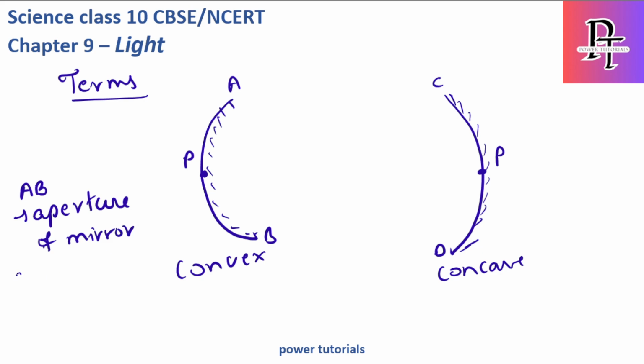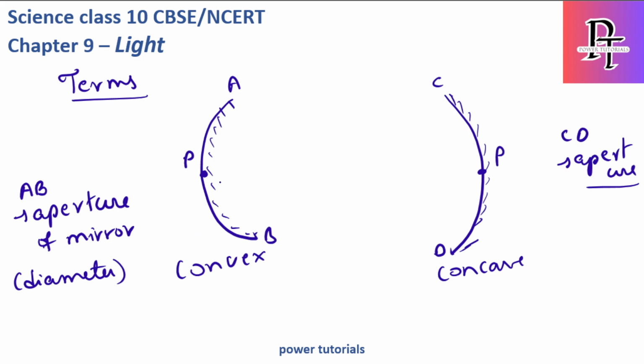And this is nothing but the diameter. Okay, AB, as I mentioned, is the aperture, and this is for convex. The same is applicable for concave as well. So here CD is nothing but the aperture of the concave mirror.